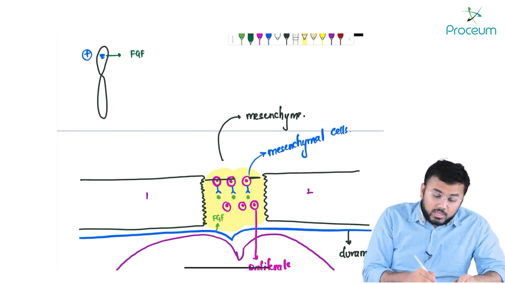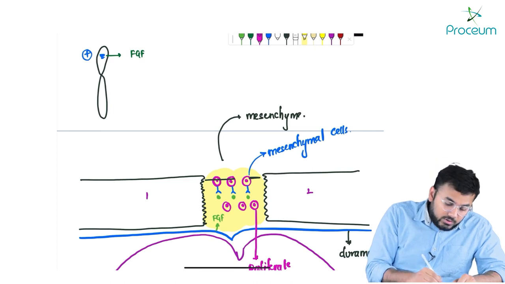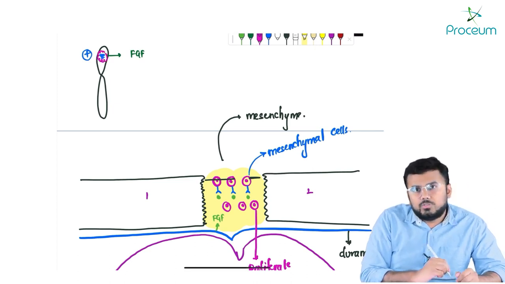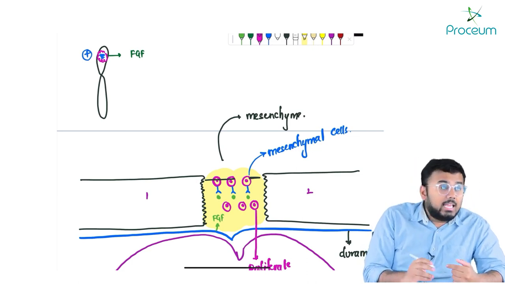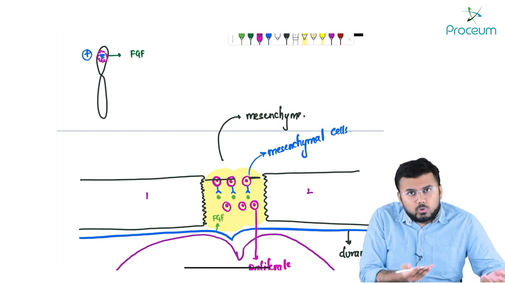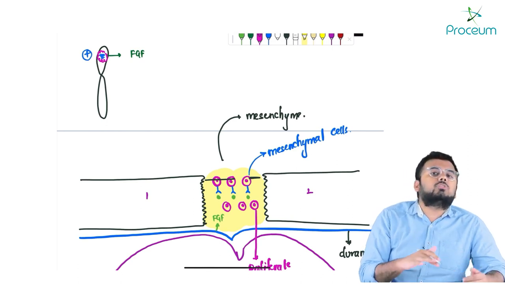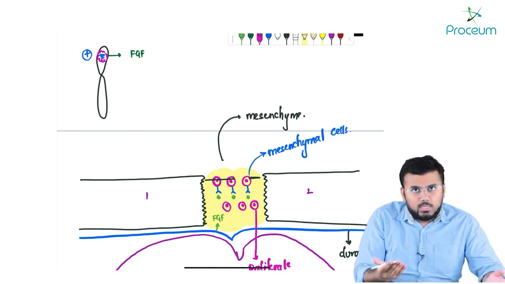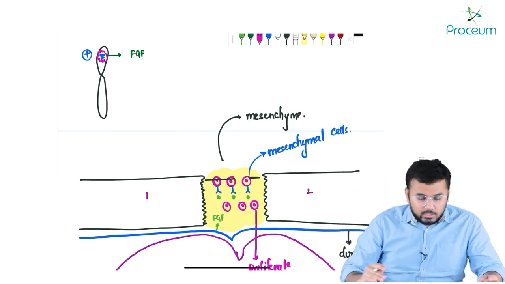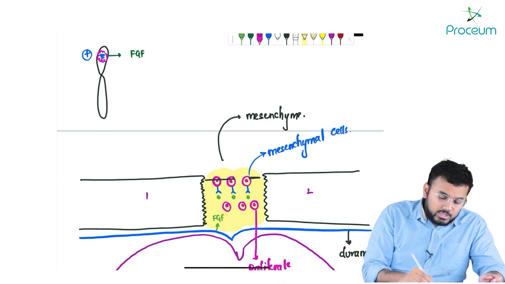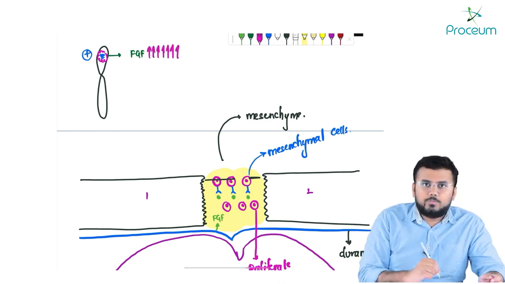But if instead there is a mutation of this gene, either there can be an excess amount of fibroblast growth factor released, or absolutely no fibroblast growth factor released. So there can be hyperactivation, there can be hypoactivation.